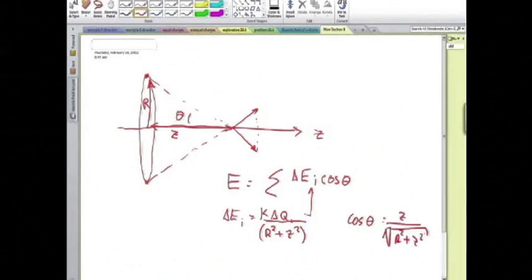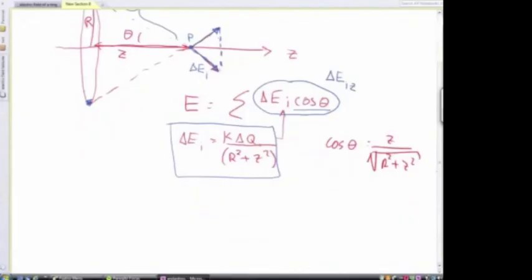And so when you put all that together, you get that the total electric field, which you already know is going to go along the z axis, is going to be the sum of the electric fields produced by all of the pieces. Let's say that you have n pieces.